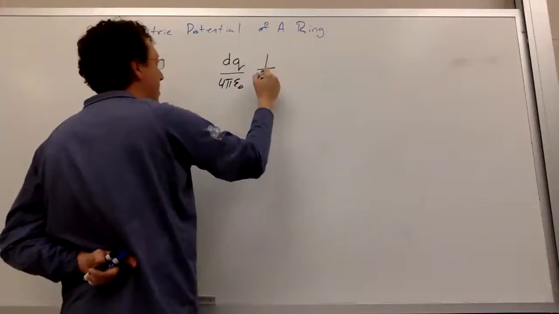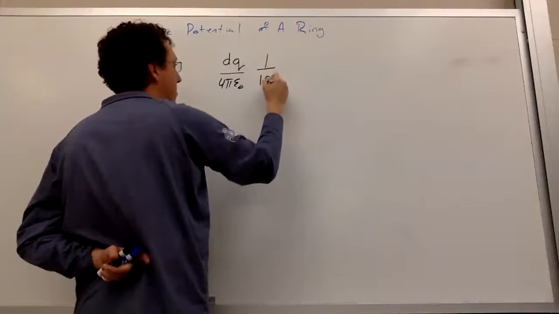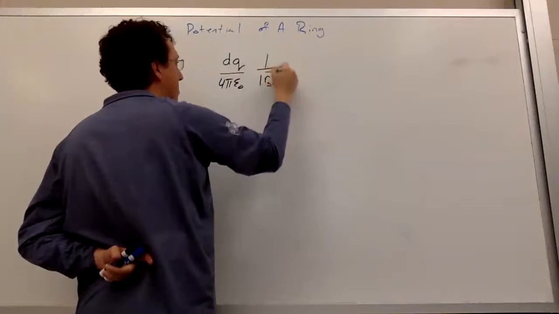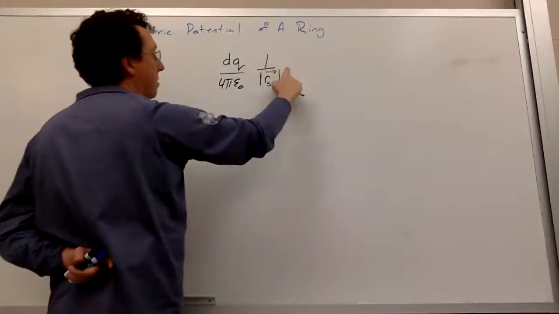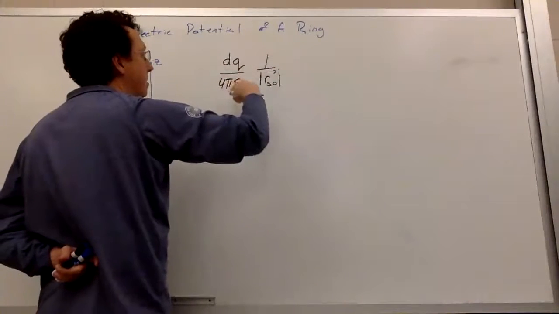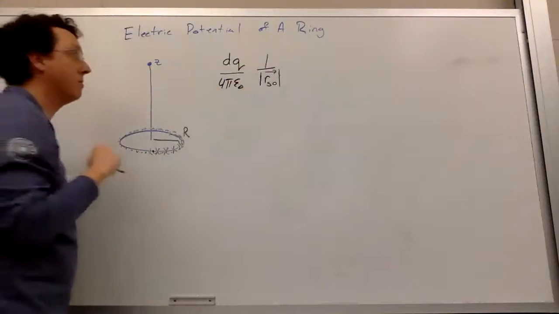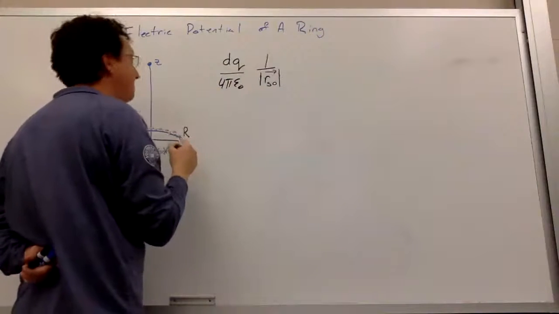So that's the magnitude of the vector from the source to the observer. And for the electric potential, we only have the first power, and because it's a scalar quantity, there's no unit vector there. It's very similar to what we had for electric fields, but a little different, as is appropriate.